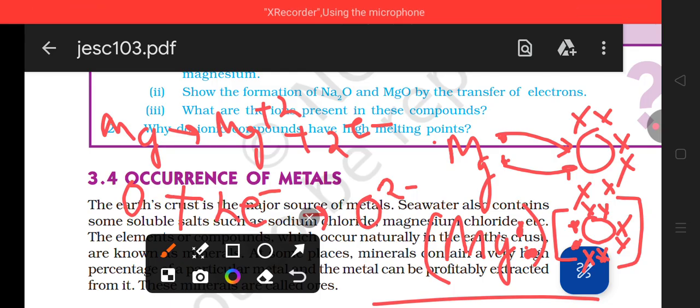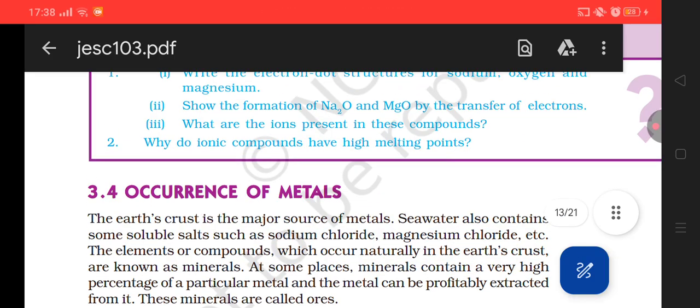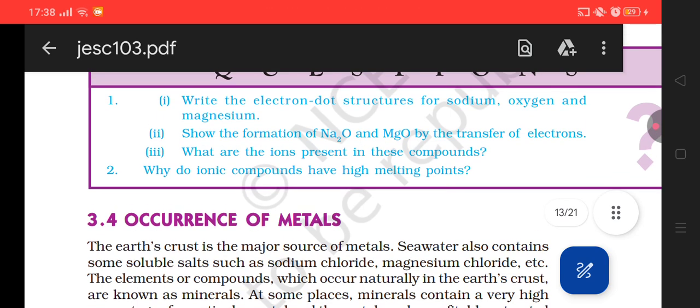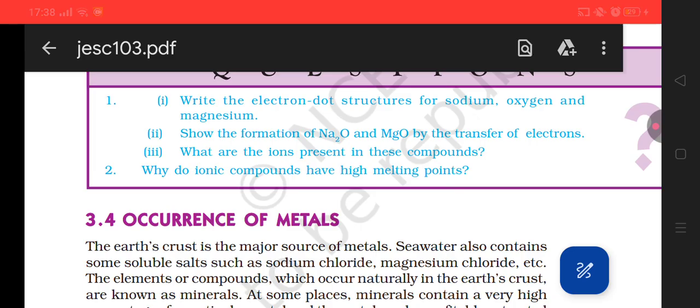Now the next question is, what are the ions present in these compounds? Sodium is a cation with a sodium plus 1 charge. Oxygen is basically O 2 negative, and Mg is again a 2 positive charge.